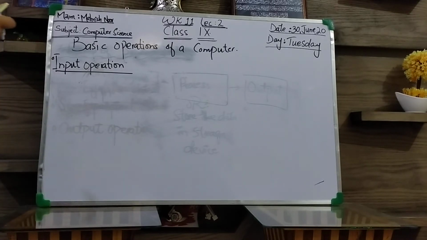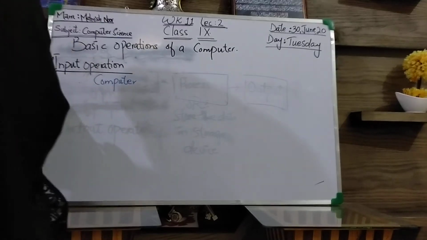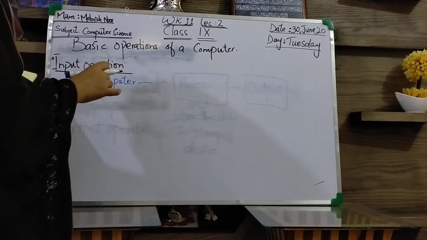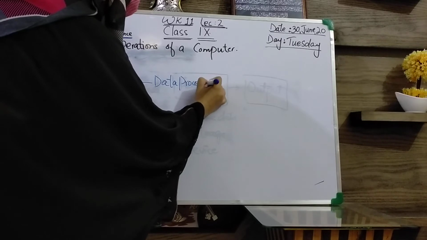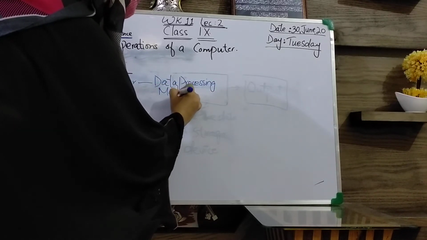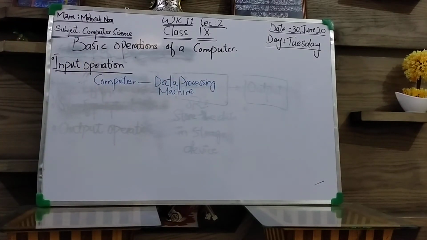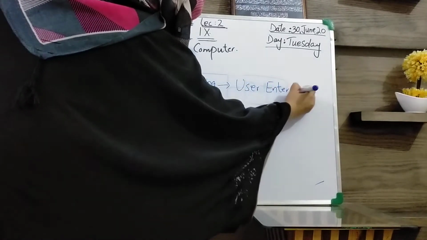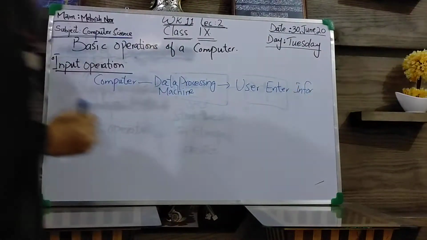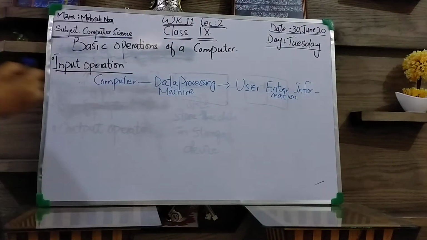I am writing here: computer puts the information in a data processing machine, that users enter information. Clear?